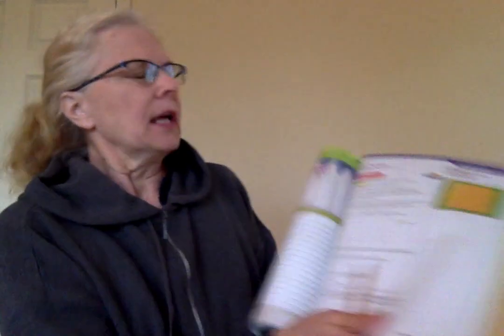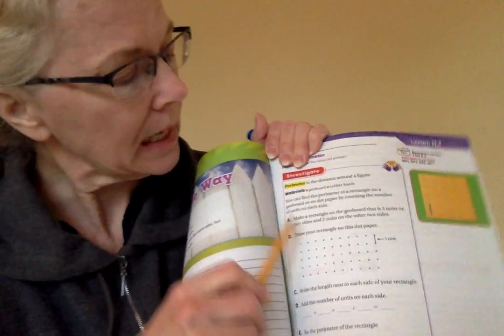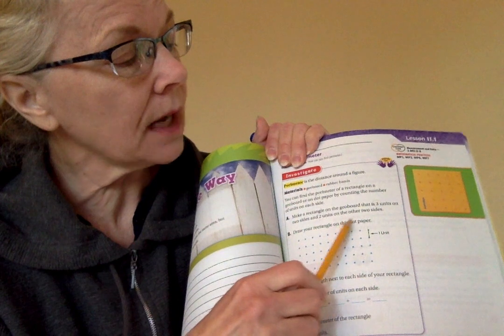And maybe you've used those geoboards before. They're plastic and they have little pegs and you put rubber bands around them to form shapes. But we can also count and measure perimeter using those geoboards. So the perimeter is the distance around a figure. Now we don't have our geoboard, so we're just going to go right down here where it says, make a rectangle on this dot paper.